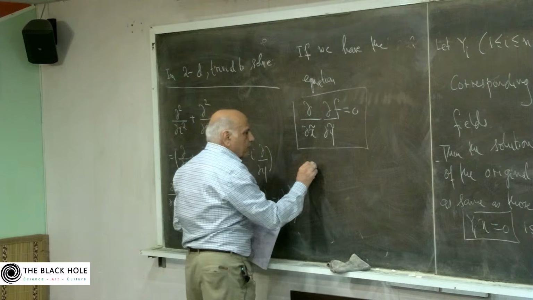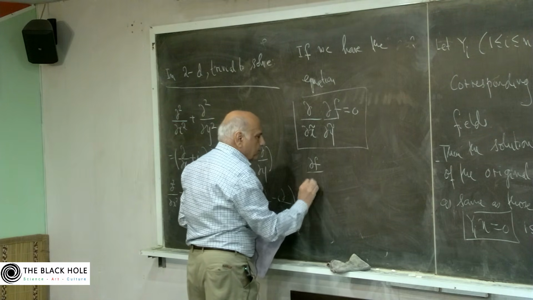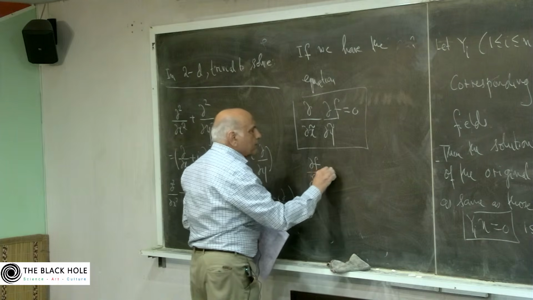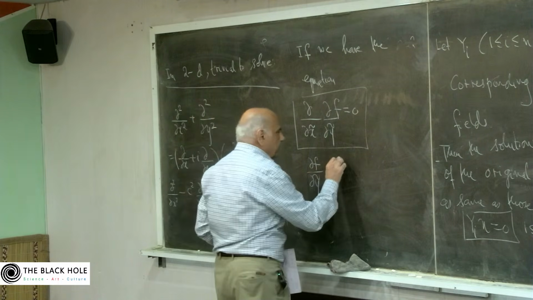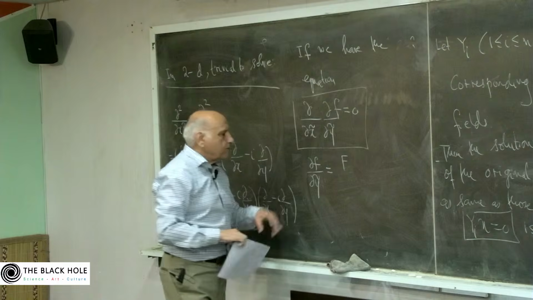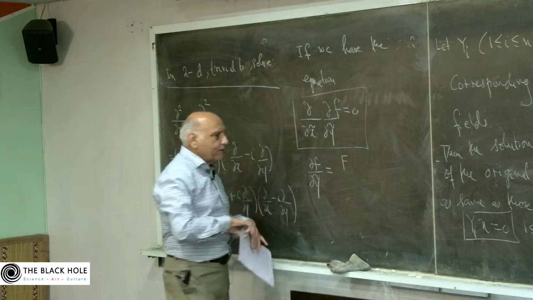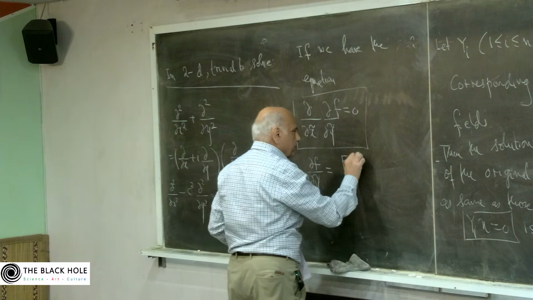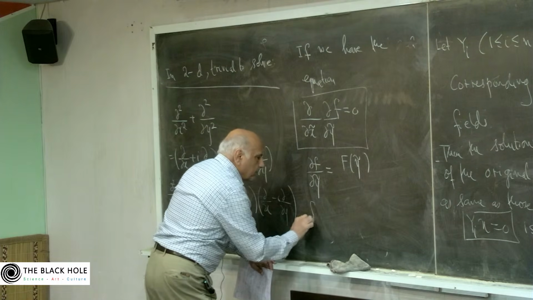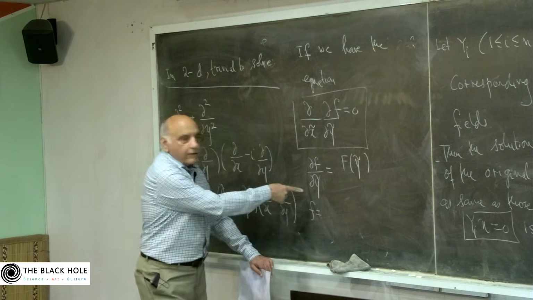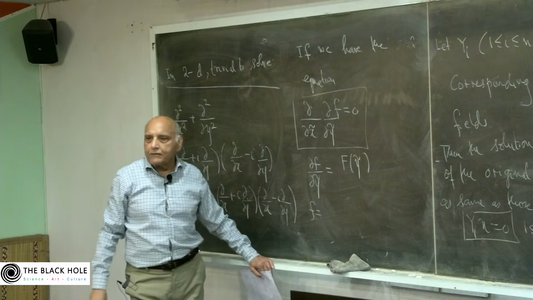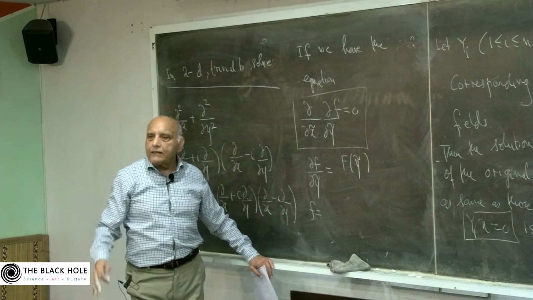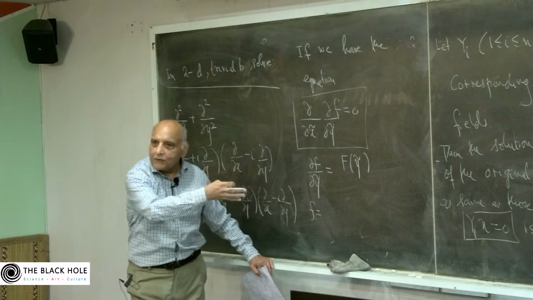So this means partial f by partial y tilde is independent of x. So what about f? You integrate with respect to y tilde, but what is the constant of integration?